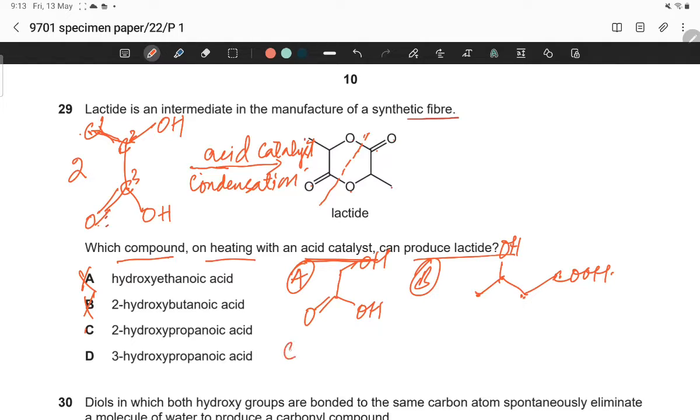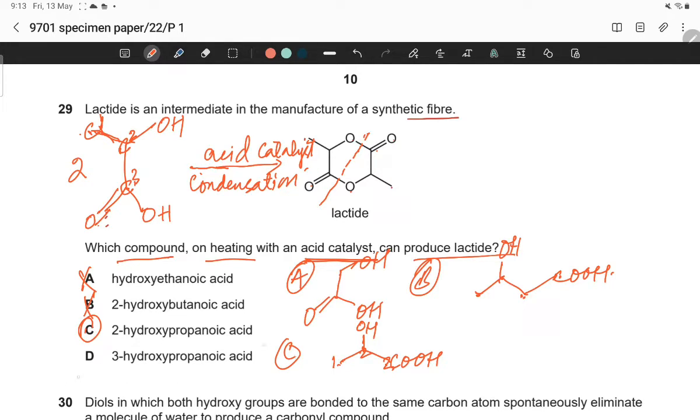2-hydroxypropanoic acid, C. 2-hydroxypropanoic acid, 1 2 3, COOH, with OH on carbon 2. So this must be correct.